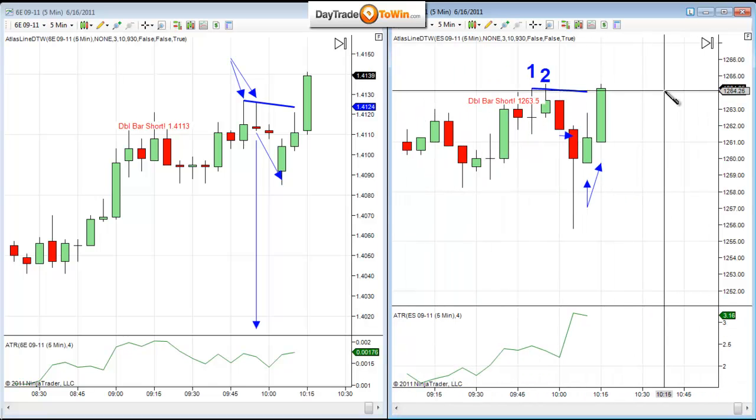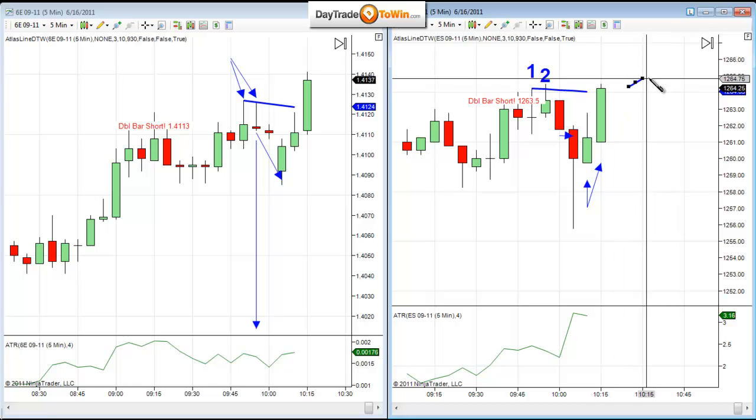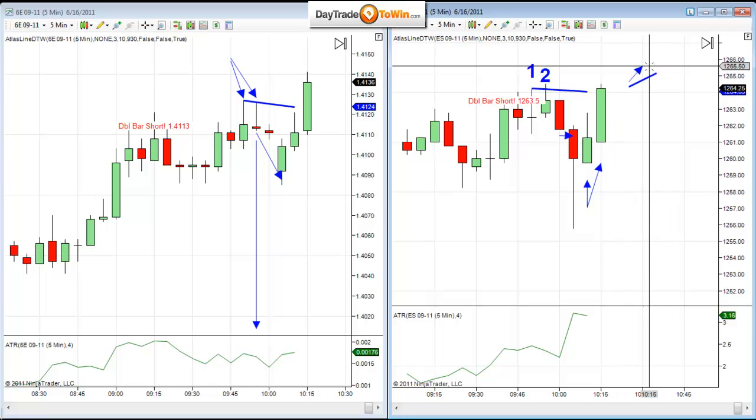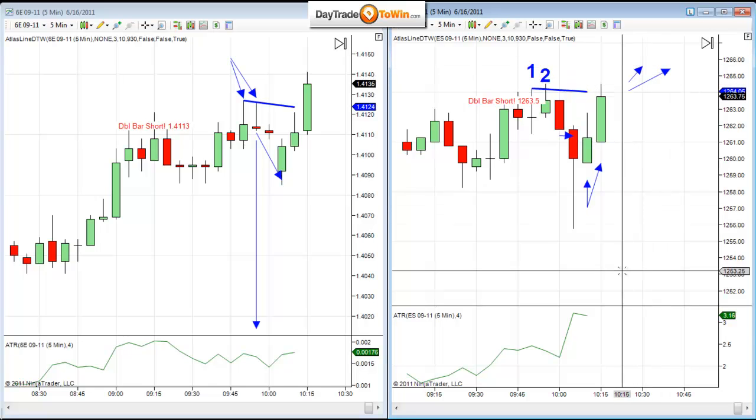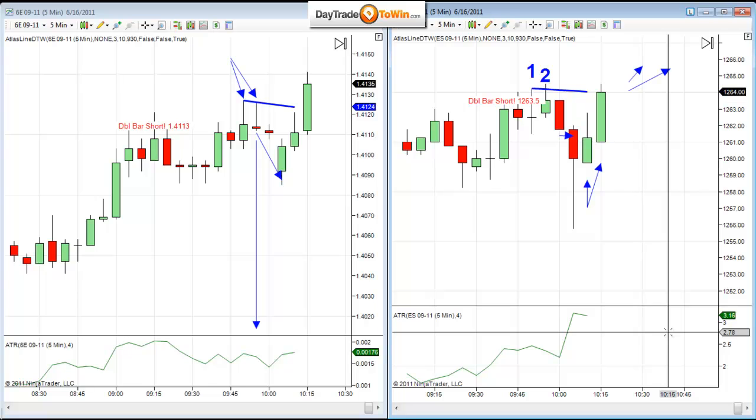If we have instead two consecutive candles closing above the Atlas Line, that order is going to be plotted on your chart, telling you to go long as soon as the second candle posts. So we have a potential long here on the E-mini if two consecutive candles post.